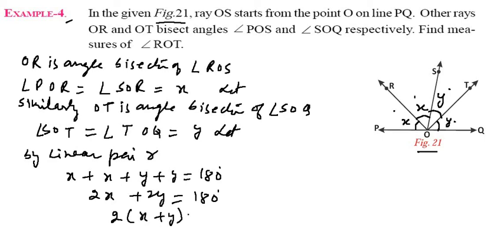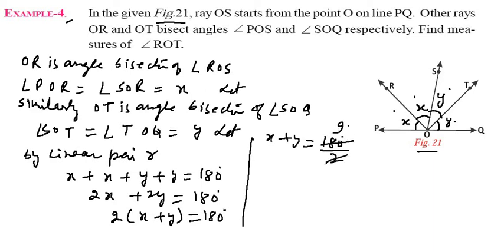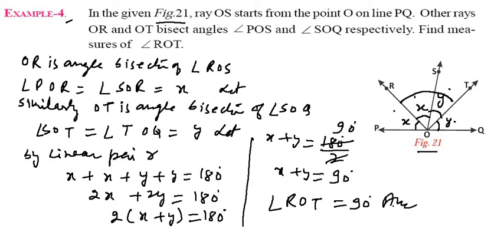So X plus Y will be equal to 180 degrees divided by 2, so we get X plus Y is equal to 90 degrees. As you can see, this angle is X plus Y. So you can write ROT. So angle ROT will be equal to 90 degrees, and that will be your answer.